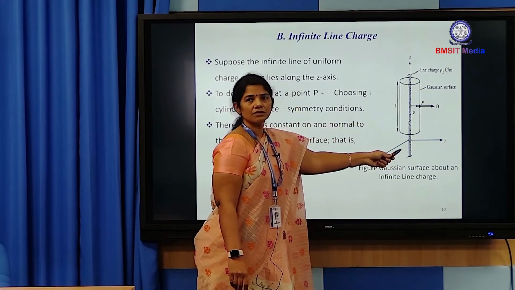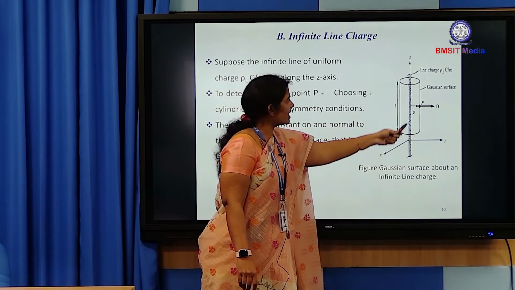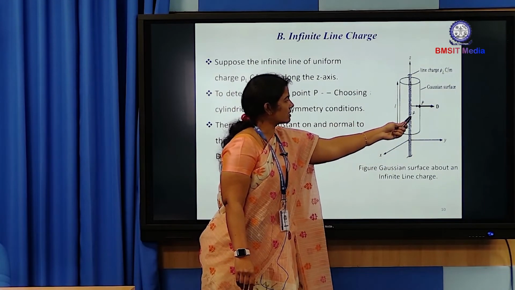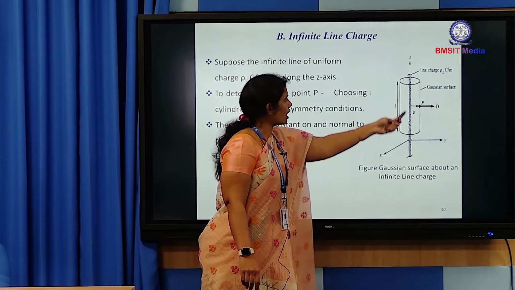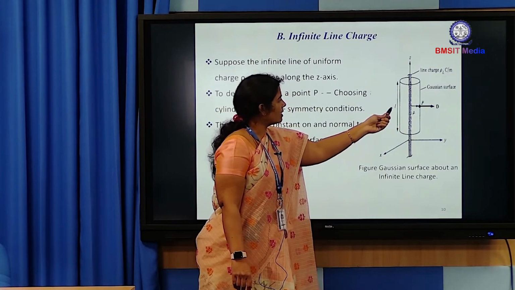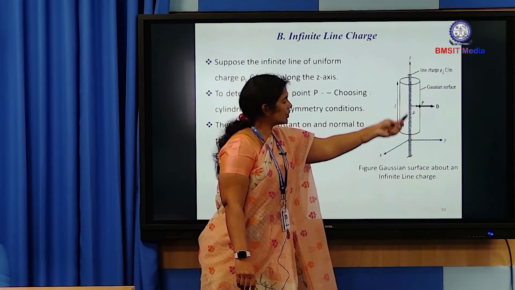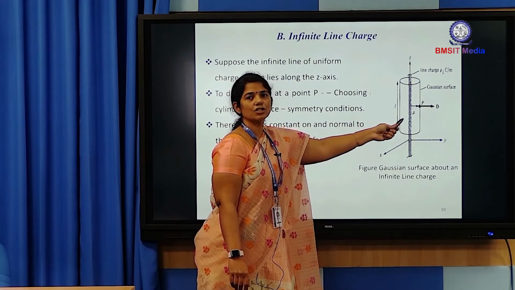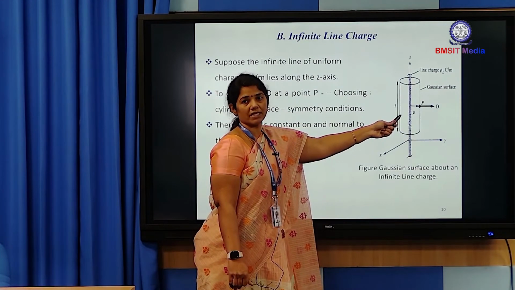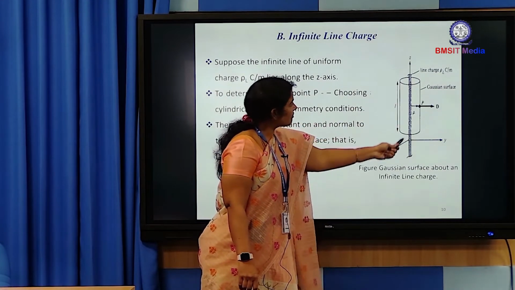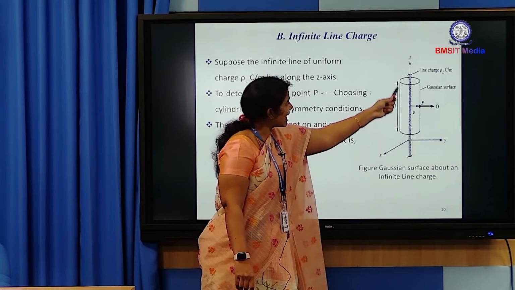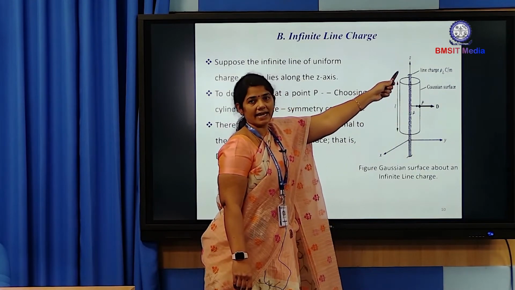It has a uniform charge, rho L, along some length L, so that the uniform charge is rho L coulombs per meter, and this infinite line charge is lying along the z axis.